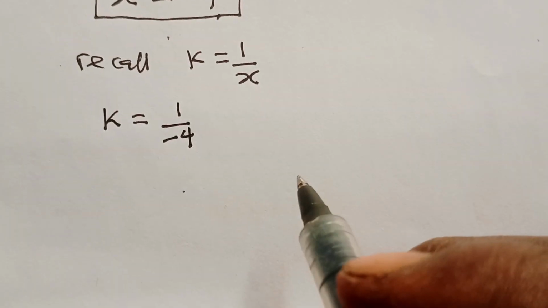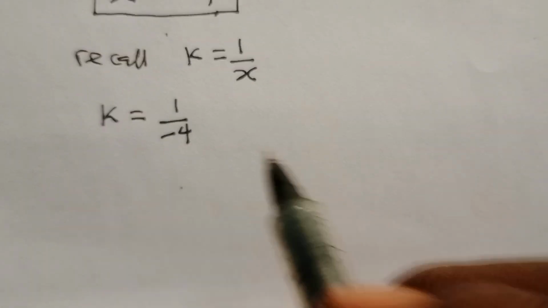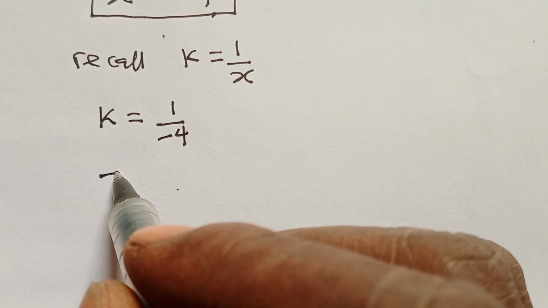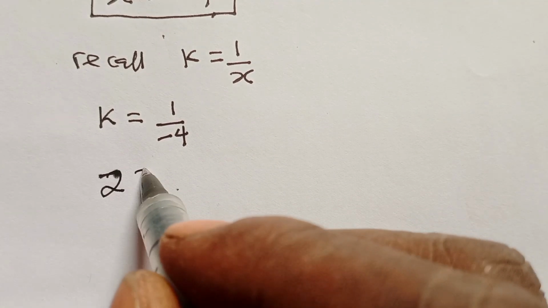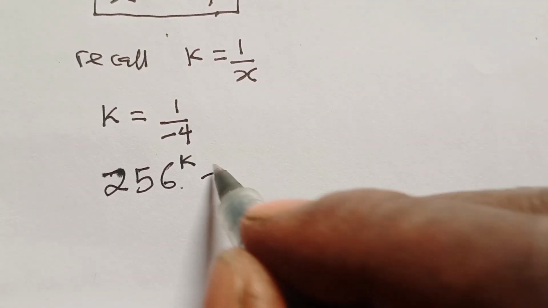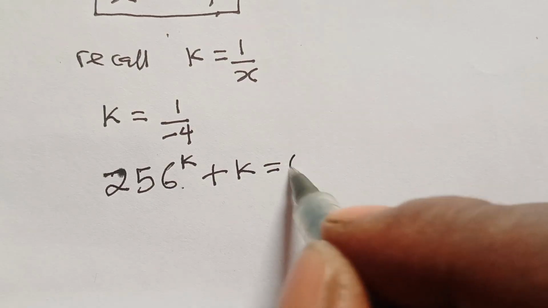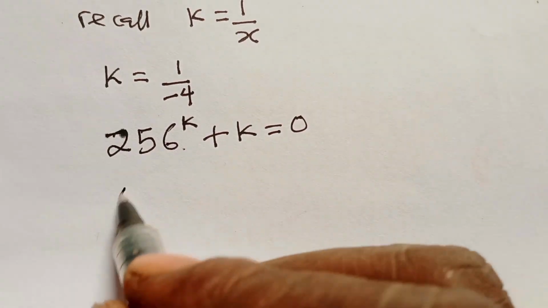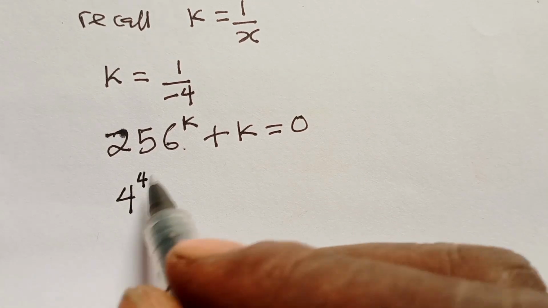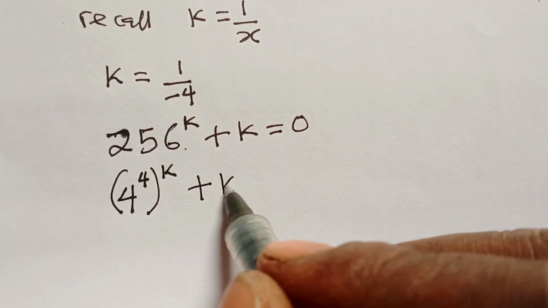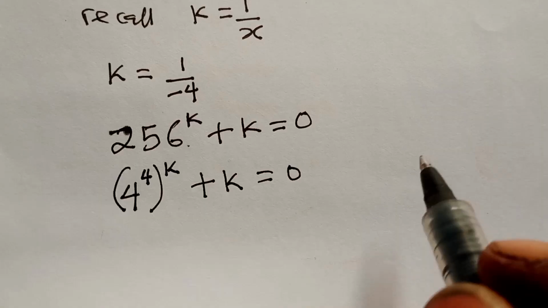Now let's verify if our calculation is correct. Our original equation says 256 raised to power k plus k is equal to 0. Now let's change 256 to 4 raised to power 4, everything raised to power k, plus k equal to 0.